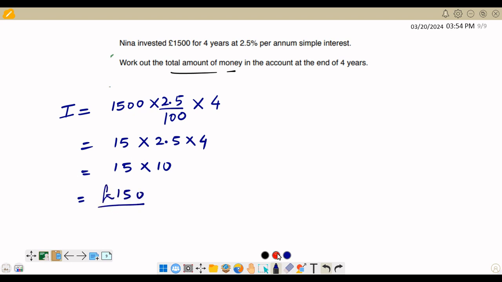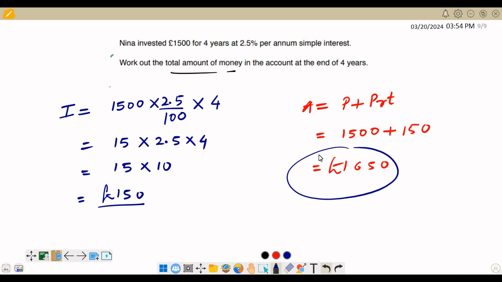So 150 pounds is the interest, but I need to calculate A, which is the amount. So P plus PRT equals 1500 plus 150. When you add them together, it is 1650 pounds. So this amount will be in her bank at the end of the 4 years.